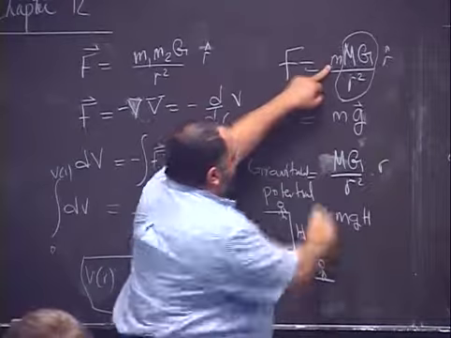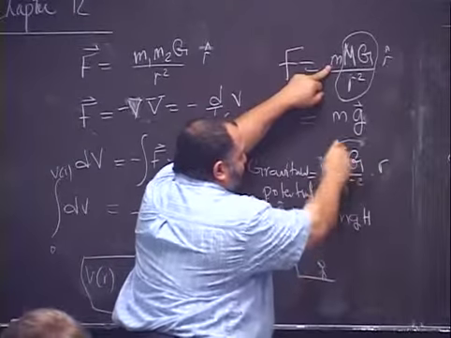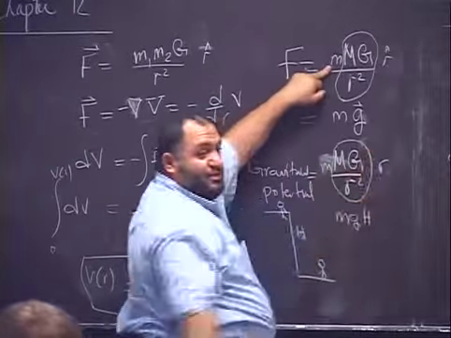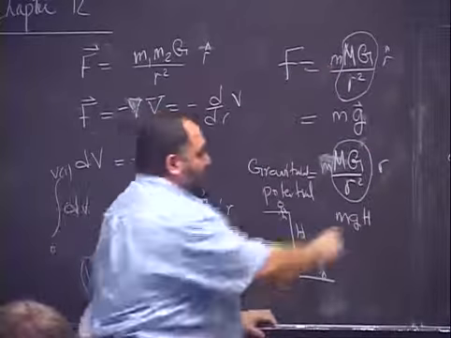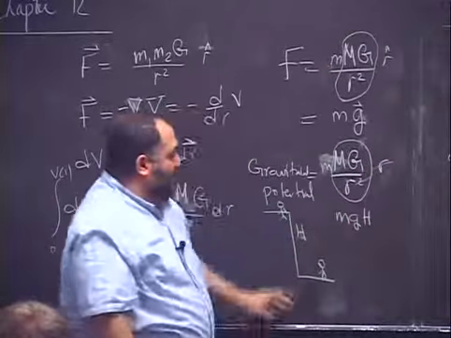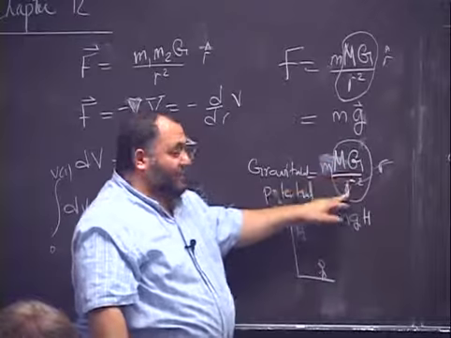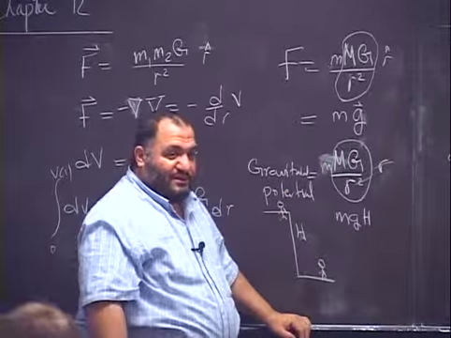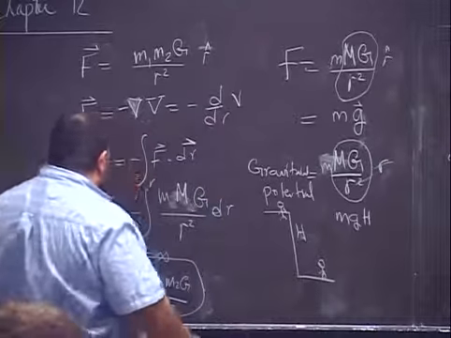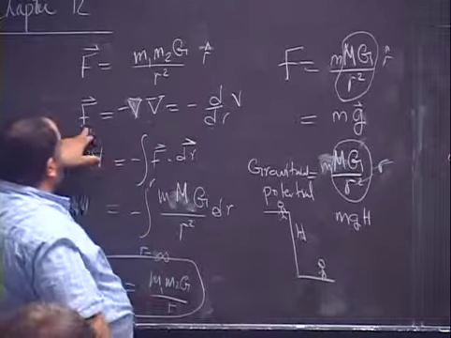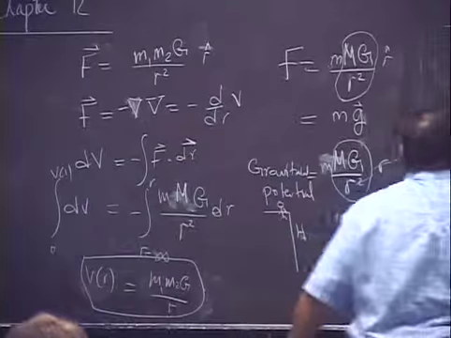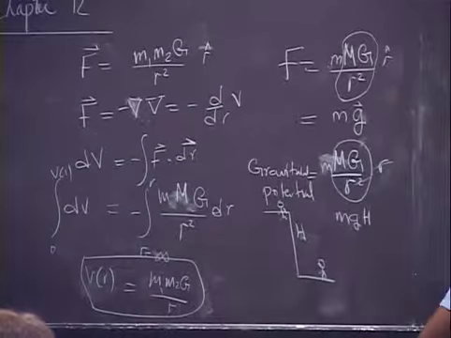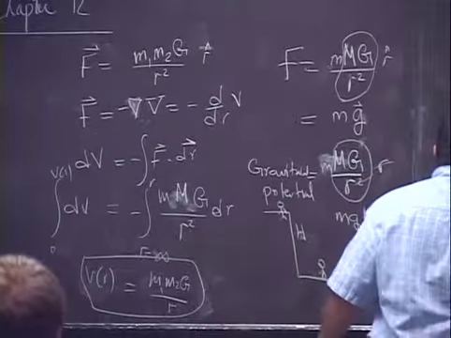M multiplied by g multiplied by h. So r will go as r square, and it will give you what? mg over r multiplied by m is the potential. Yes, guys? So now I can represent the potential, the force of the Earth, the gravitational force, as a gradient of a potential.